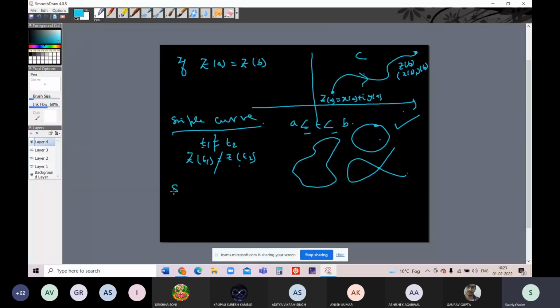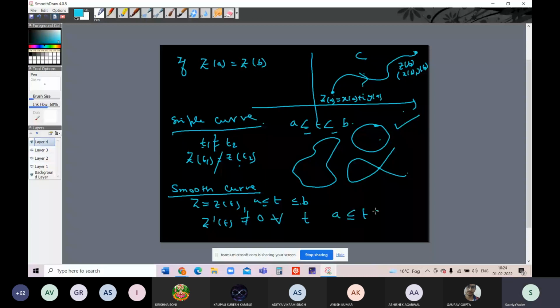Next is a smooth curve. Suppose that the curve is defined for t in the closed interval A and B, and this curve is said to be smooth if this J(t) is continuously differentiable and J dash t, the derivative of this, is not equal to 0 for all t in this interval.